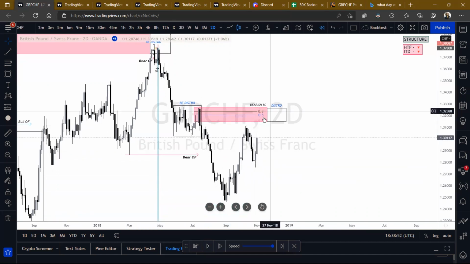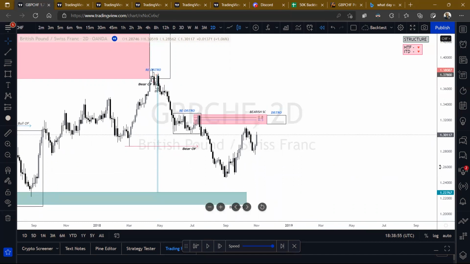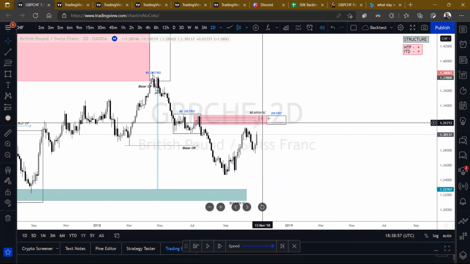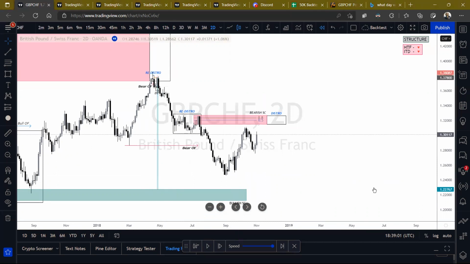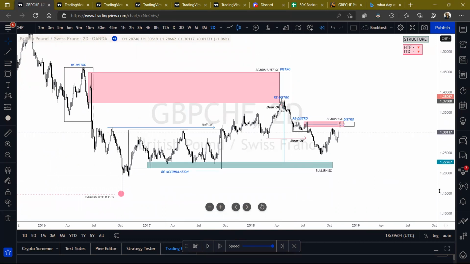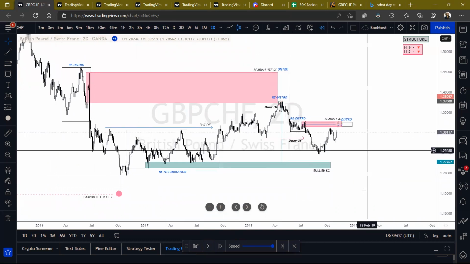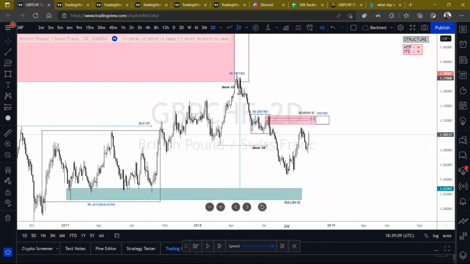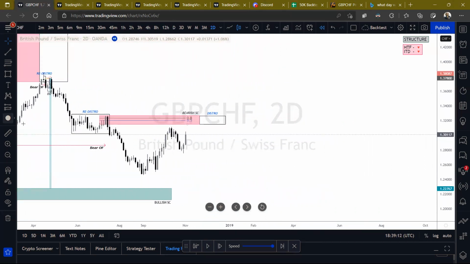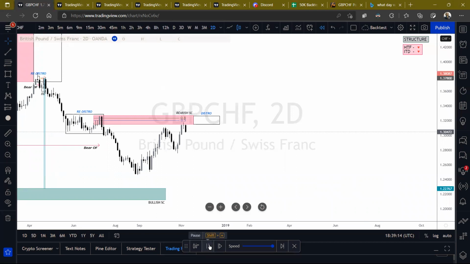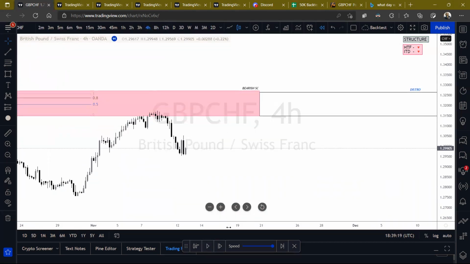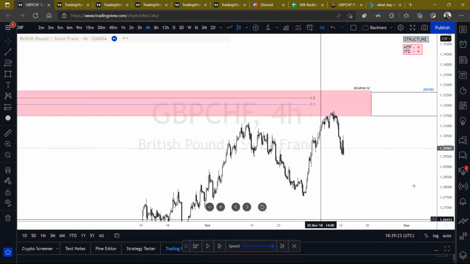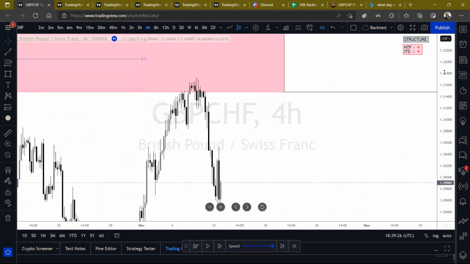So that's what I'll be looking for, the change of order flow in there as previously discussed, and then once this gets clapped, I'll be looking for what's up in here. Cool. Okay, so price is coming. Now we can go down lower.